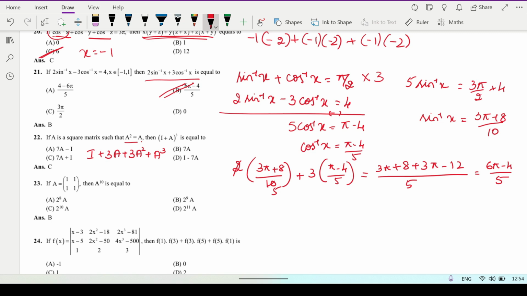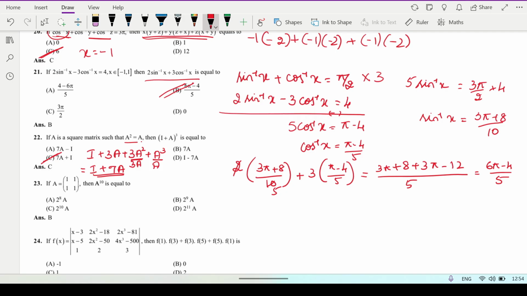We are using binomial expansion here, which will be equal to I plus, as they have given A square equal to A, so it will be 3A again. Also, we know that A cube will also be equal to A. Therefore, 3A plus 3A plus A means it is 7A. So, the answer is I plus 7A, which is nothing but 7A plus I. That is option C.